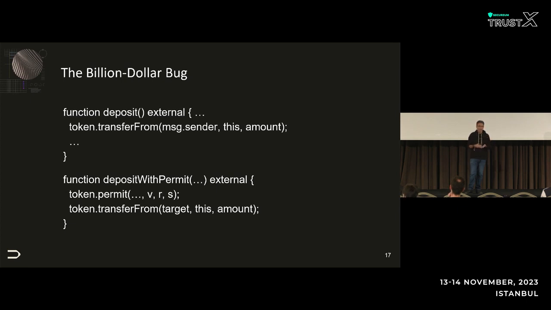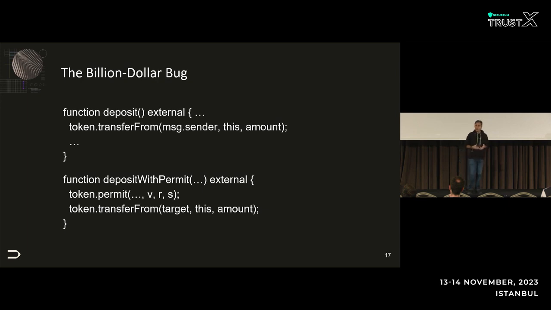Function deposit at the top says, if you've given the bridge an approval to spend your tokens, and you're also the caller, then I can transfer your tokens. This is perfectly fine, because I'm the caller and I've authorized this. And deposit with permit below: you may be familiar with the non-standard, but almost standard for most tokens, permit function.